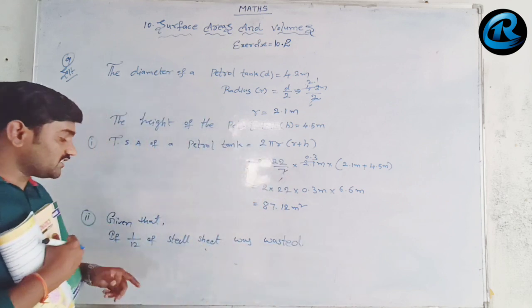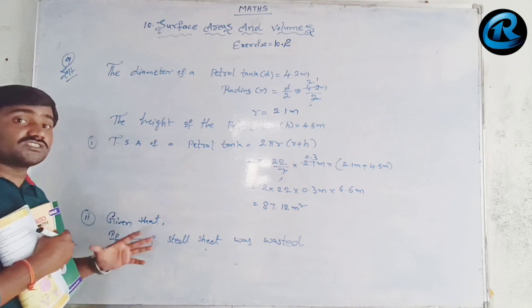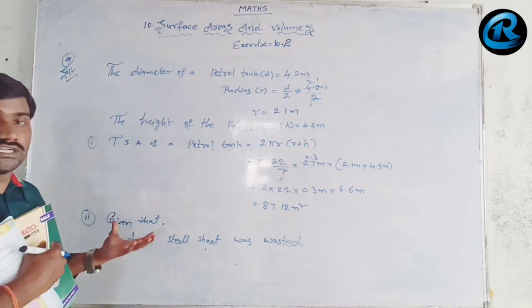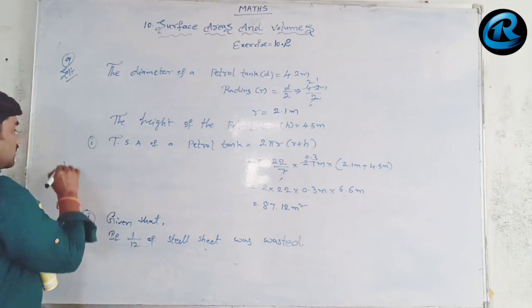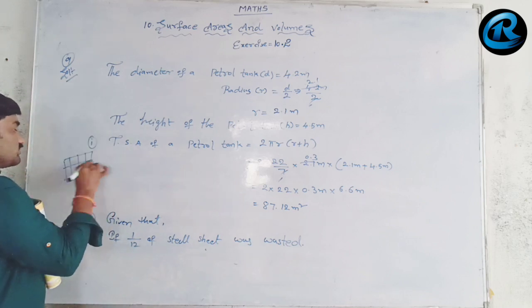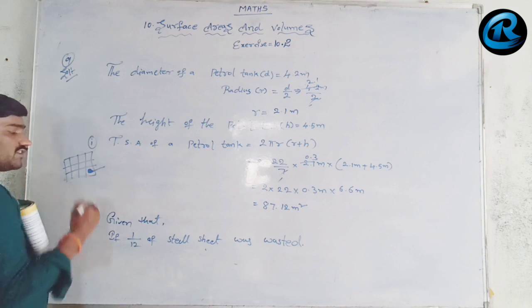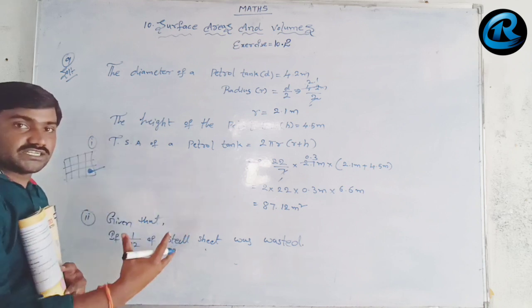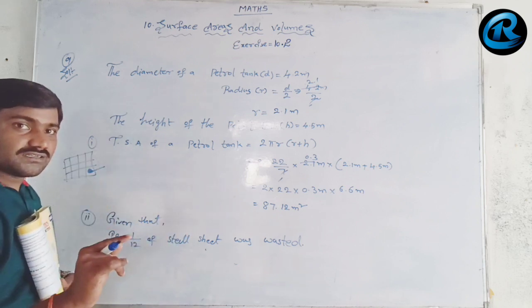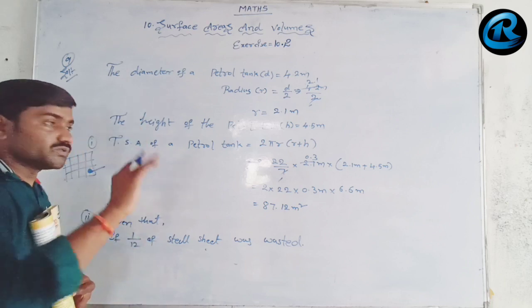How much steel was wasted here? 1/12 of steel was wasted. We don't know how much steel they used originally, but if the total steel is made into 12 parts, then one part is wasted. Out of the 12 parts, one part of the steel was wasted. That means 11/12 of the steel was used.